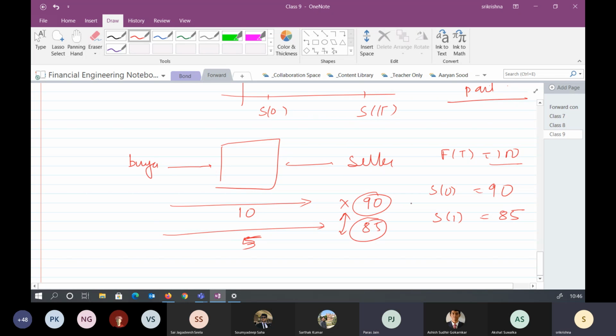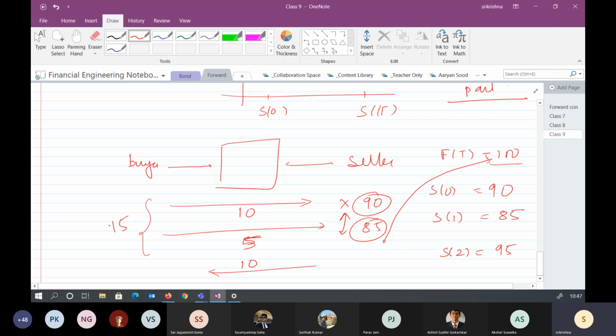Okay, got it. But if you try to calculate the net payment, which is 15 now, 15 will be the difference between this 85 and 100. Now let's say that on day 3 the price becomes 95. In that case, 10 rupees will be paid from the seller to the buyer.